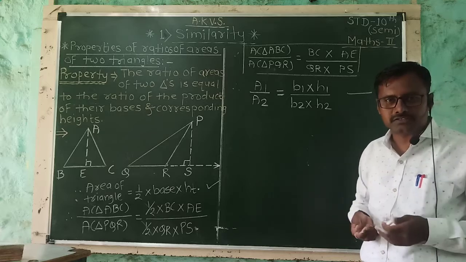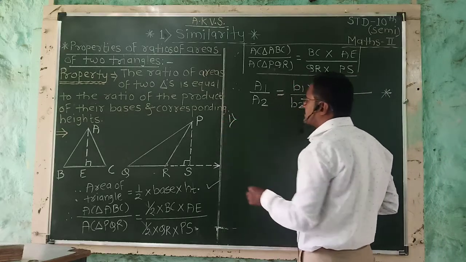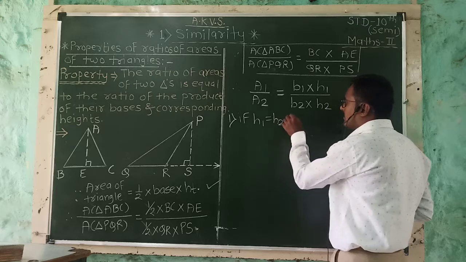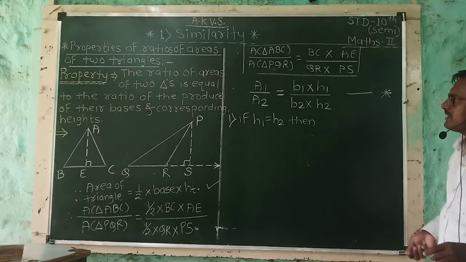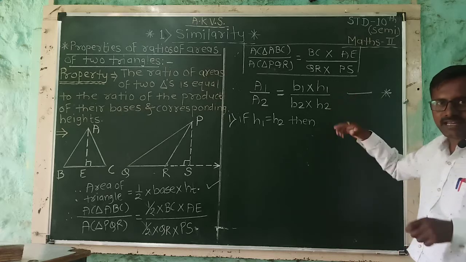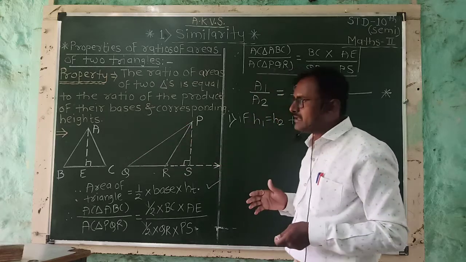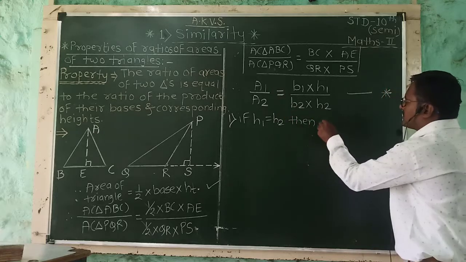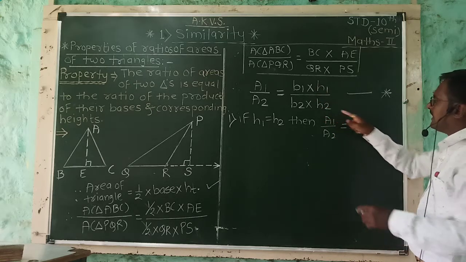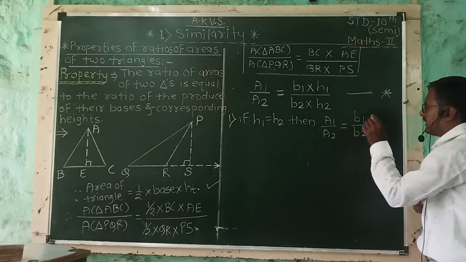Now we have different corollaries based on the above formula. The first corollary: if H1 is equal to H2, in other words, when the triangles have a common height, your ratio becomes A1 by A2 is equal to, H1 and H2 get cancelled, A1 by A2 is equal to B1 by B2.